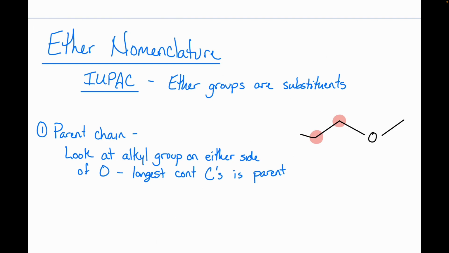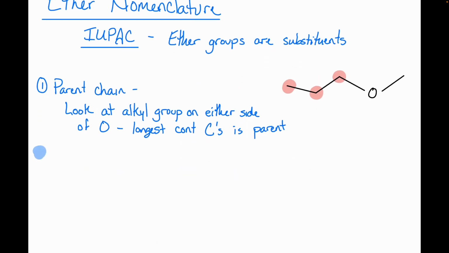I'm going to switch this up. We're going to add 1 additional carbon on here, and I'll show you why in a second. Okay, so this is actually going to be 3 carbons on this left-hand side here. Okay, so then step 2, we've got to find and name our substituents. The other side, the side that's not my parent chain, this whole thing is then going to be considered a substituent in my molecule.